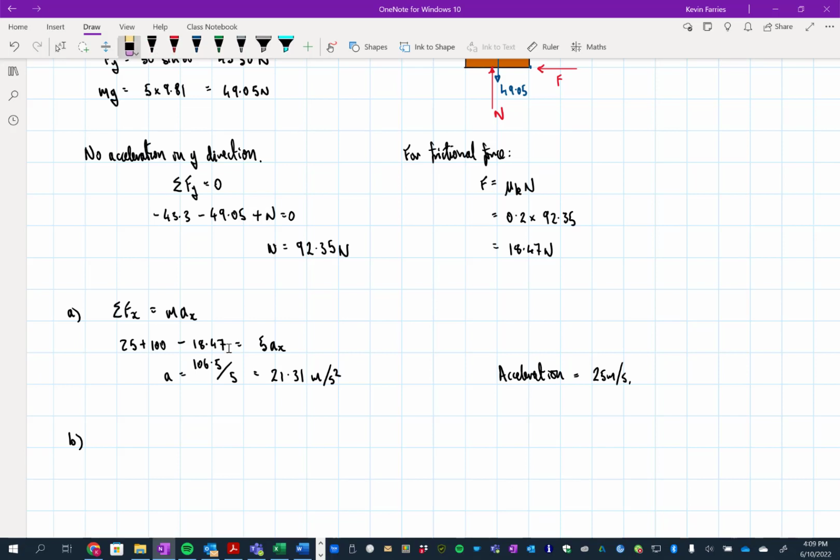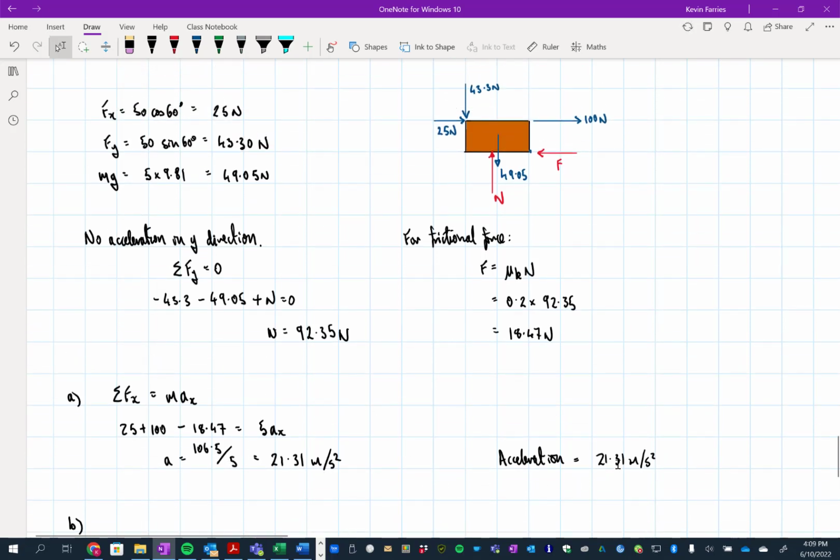So acceleration is equal to 21.31 meters per second squared, meters per second per second. That's cool. So now we have got acceleration because we've been more careful. We've gone back and remembered that there's also this horizontal force here.